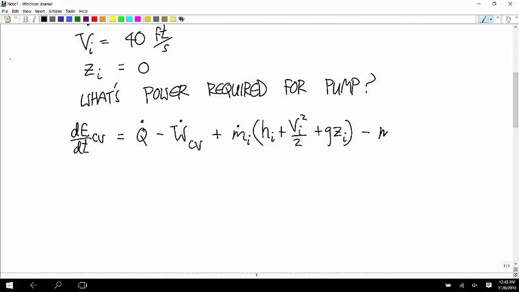And then minus m_e dot times the quantity h_e plus V_e squared over 2 plus g z_e. Okay. And we're going to assume that it's steady state. So that goes away. And these are both just equal to a mass flow rate.